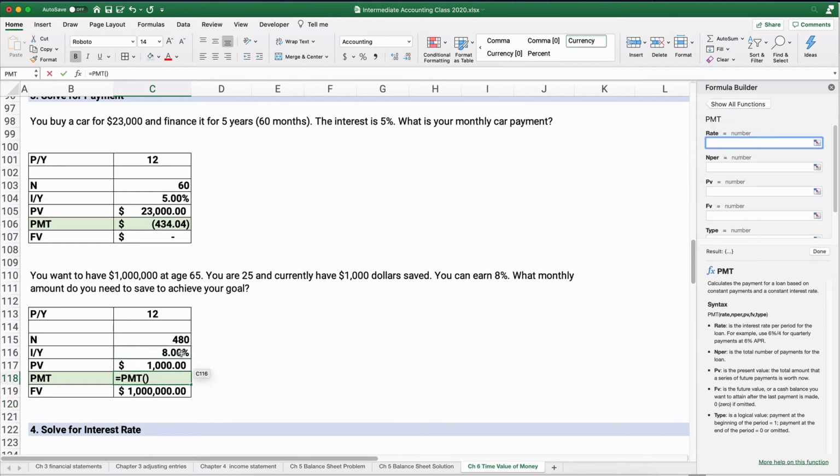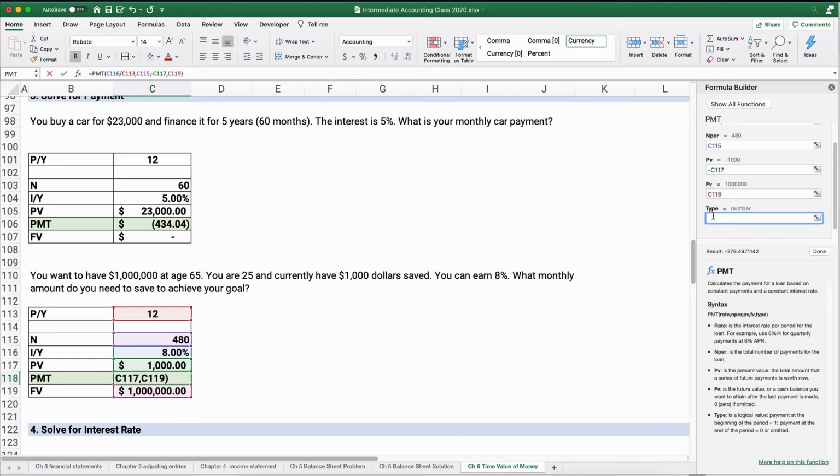So our rate is 8% divided by the 12. It's not 8% per month, it's 8% annually, compounded monthly. The number of periods is 480. The present value is 1,000. We'll make it a negative 1,000. Our future value is going to be 1 million, and the payments happen at the end of the period.